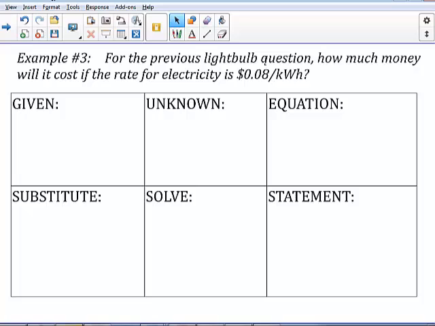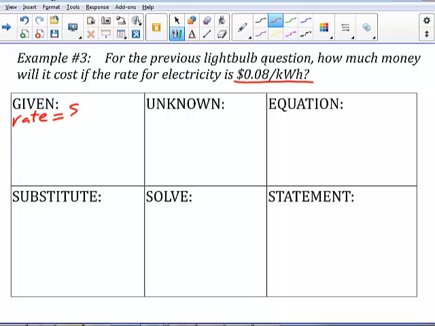So the previous question: how much money will it cost if the rate for electricity is 0.08 dollars per kilowatt hour? Well, let's see. We know the rate for electricity is equal to 0.08 per kilowatt hour.